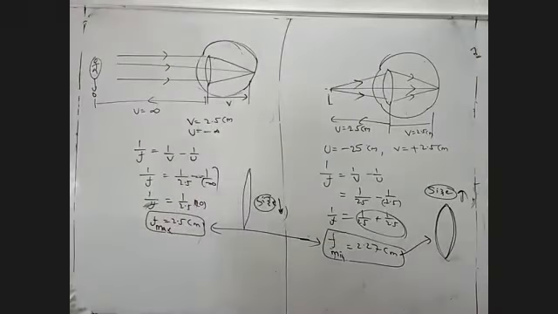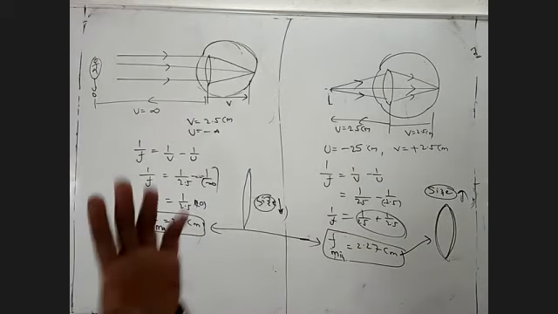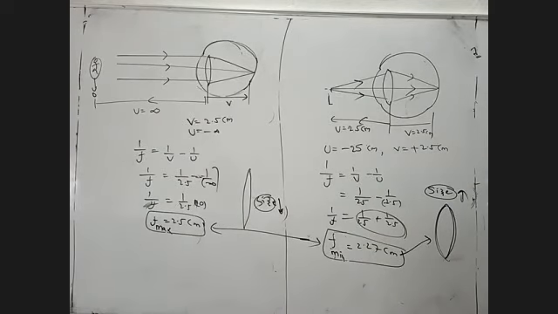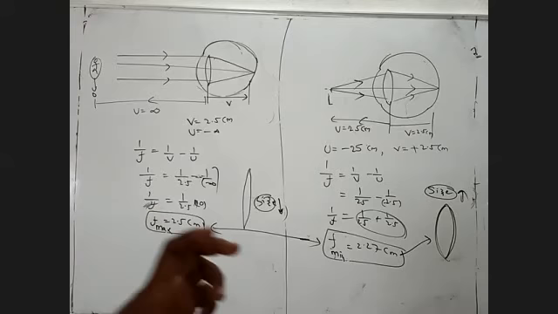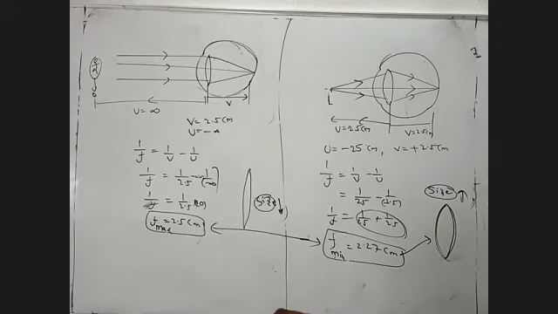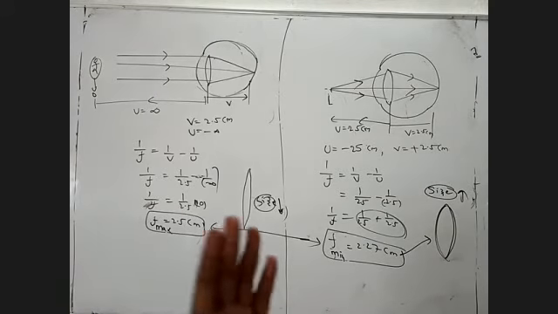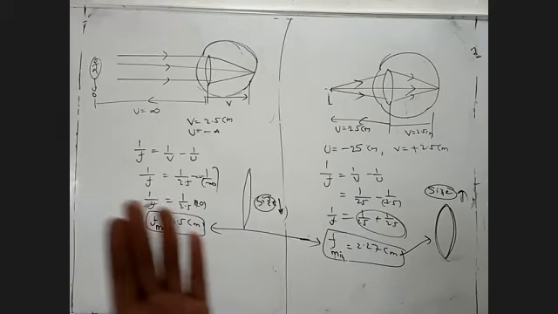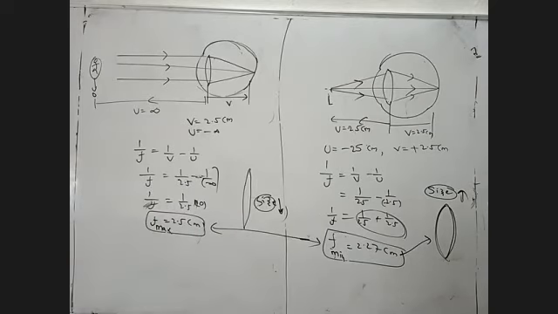When the object is placed between the maximum focal length and the minimum focal length, I can form an image on the retina.